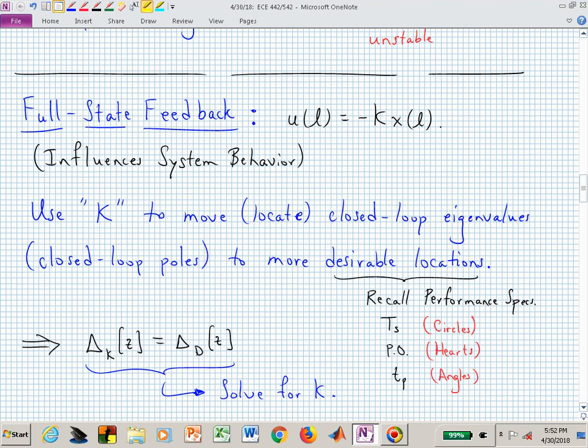Right on the unit circle, right? So our poles are on the unit circle. Our heart's not much of a heart for zeta equal to 0. It's actually a circle. And then as we increase zeta, we start seeing hearts. But as we get zeta closer to 1, that heart starts collapsing to a straight line. When zeta is 1, we're on the real line between 0 and 1. And then we have an exponential behavior.